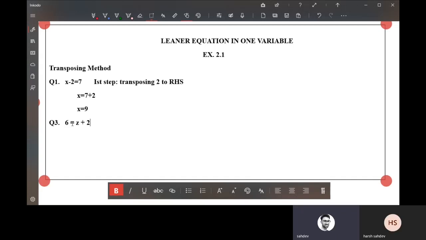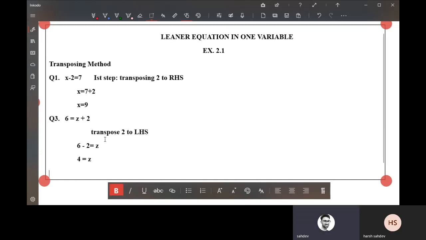First transpose 2 to the left hand side, and instead of bringing it to the right hand side, because 6 is a constant and it is on the left hand side, we'll take this also on the left hand side, and it becomes 6 minus 2, because 2 is positive over here it becomes minus 2, equals to z. Further this will be 4 equals to z. We can write it as z equals to 4. Both will be same. That is our solution.